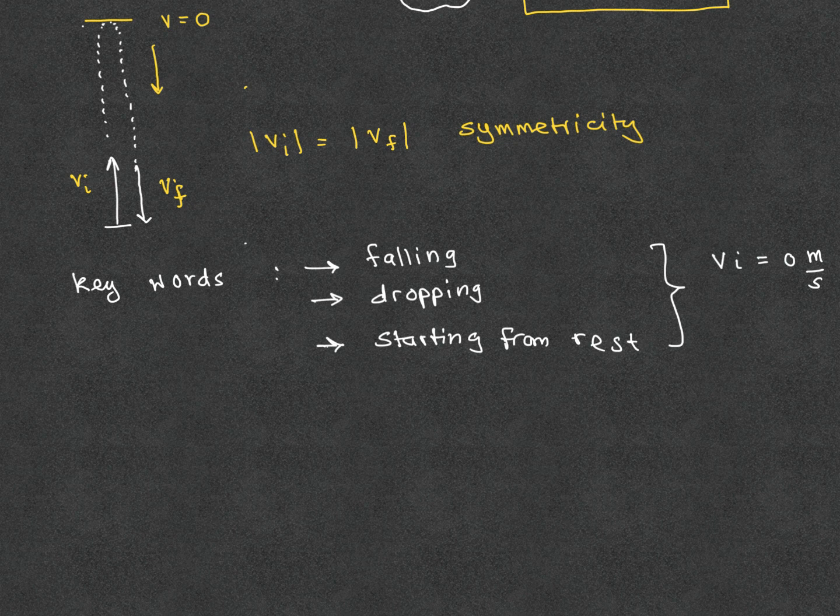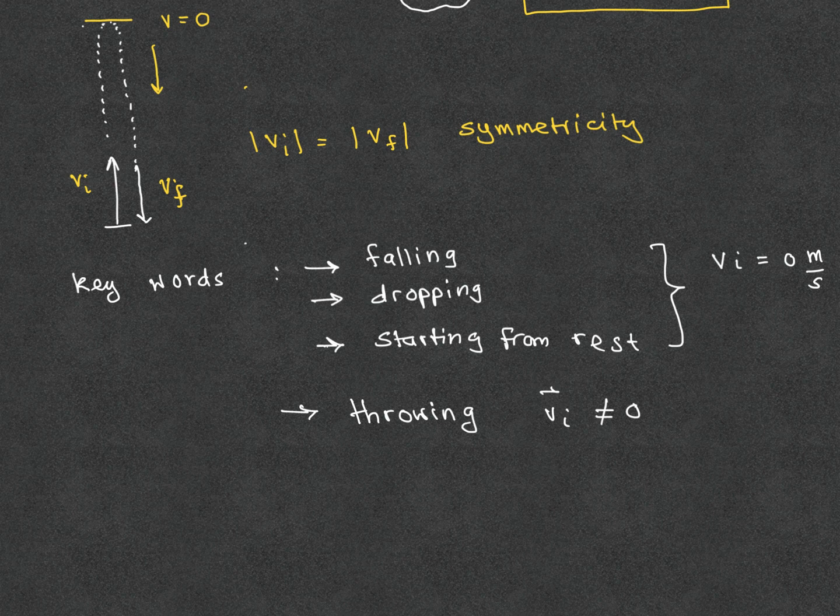However, if you have a situation where an object is thrown down, then there the initial velocity is not equal to 0.